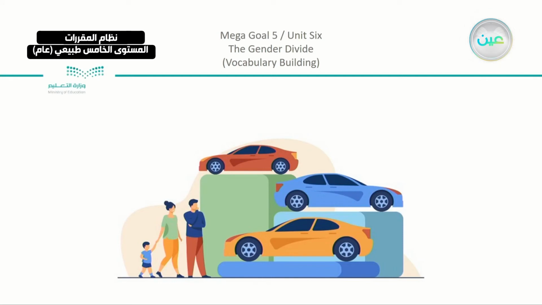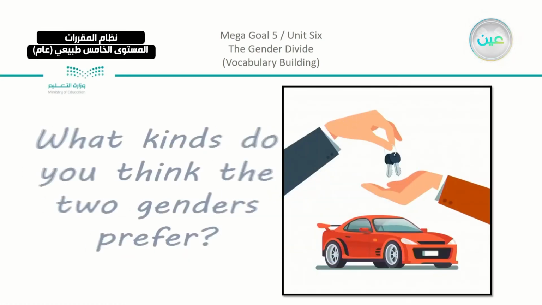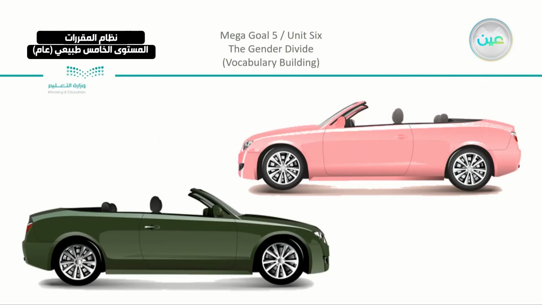But the idea says that when I go and choose a car that I want to buy, it depends on what I prefer. Each gender prefers different things or different types. So mainly a female, for example, would choose the pink car, and the other gender, the male or the man, would choose the black car.